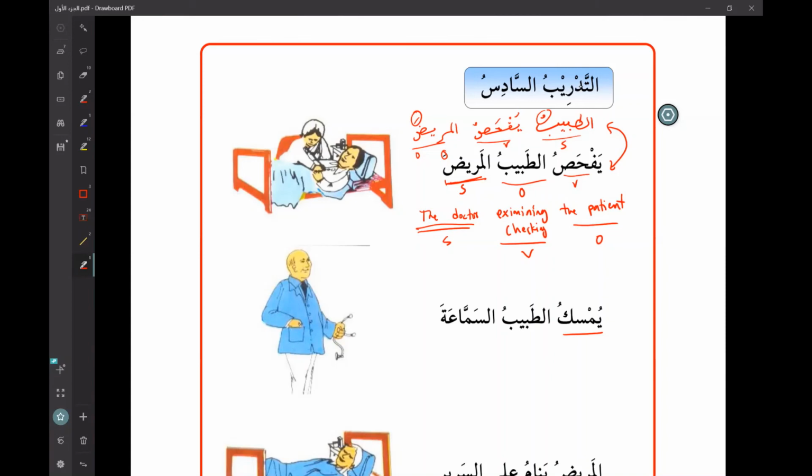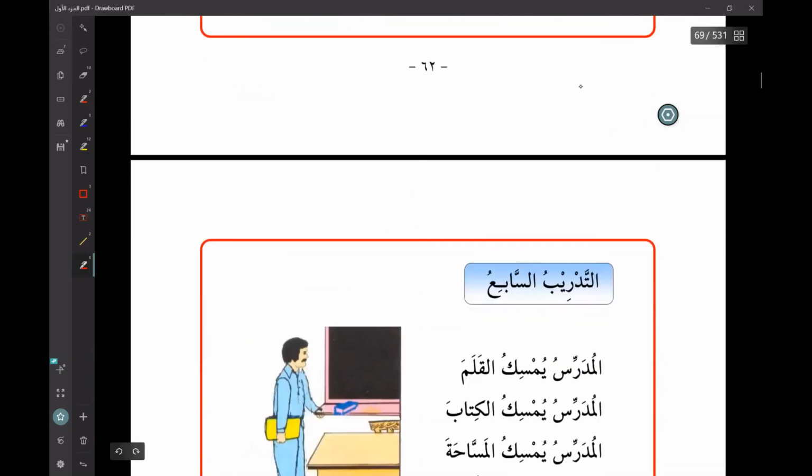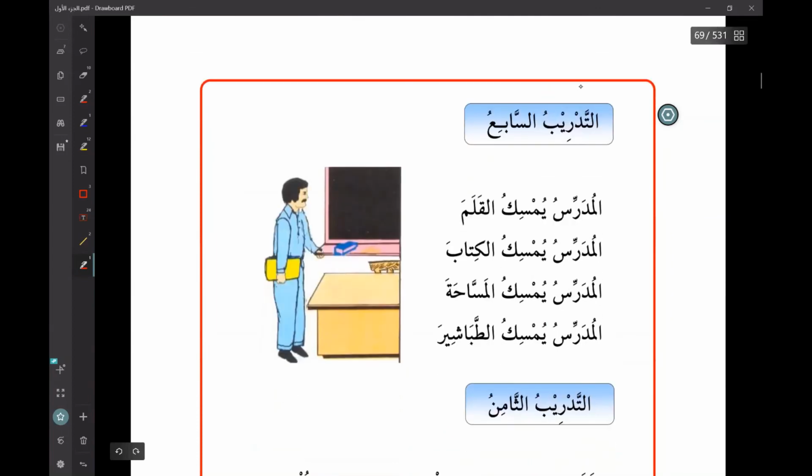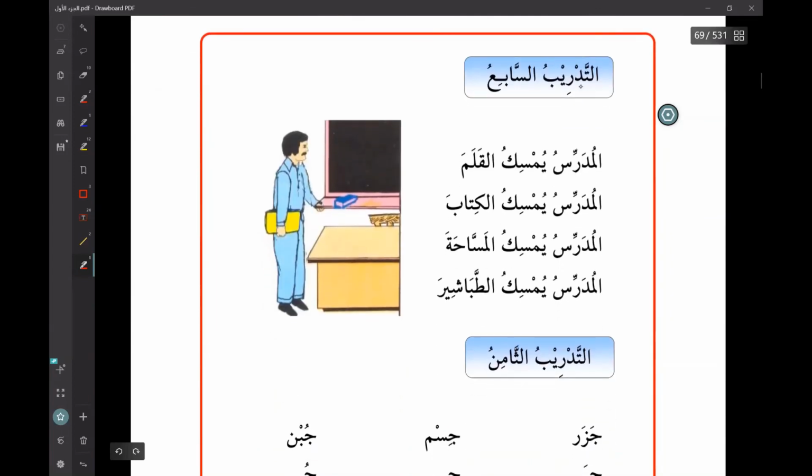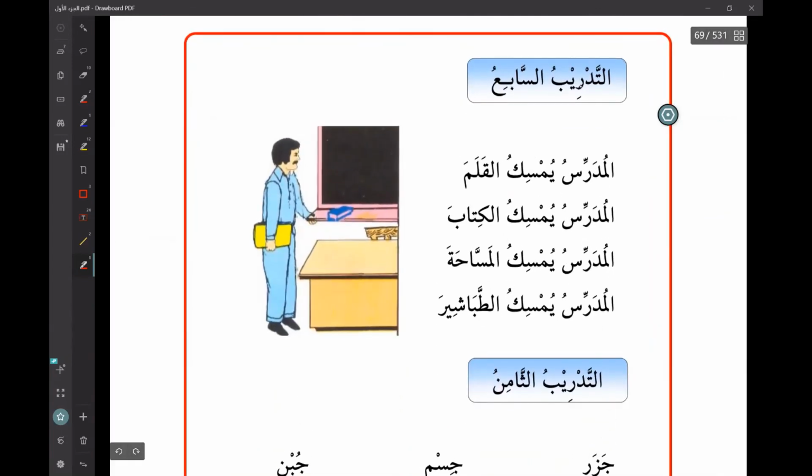جيد. Now we have التدريب السابع. We have some more sentences. It says المدرس يمسك القلم. So it's giving you more examples with the verb يمسك, which is to hold. So the teacher is holding what? Al-qalama. Qalam is the object, and that's why we have the fatha.